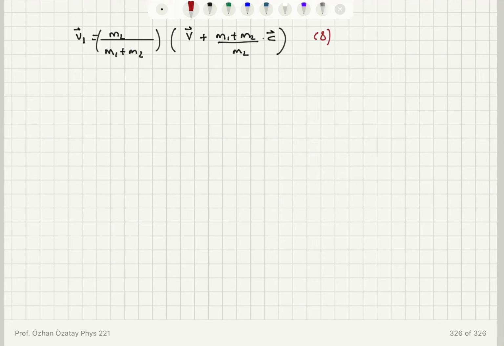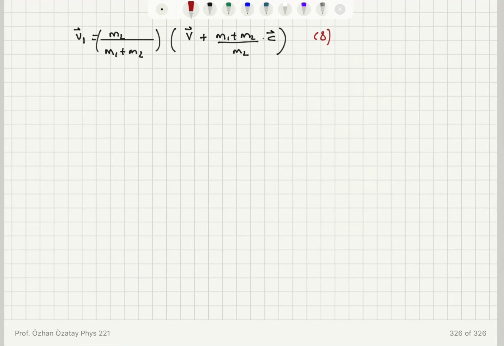That's equation number 8. So basically I have completed the transformation from v1 and v1 prime to capital V prime and the center of mass velocity.